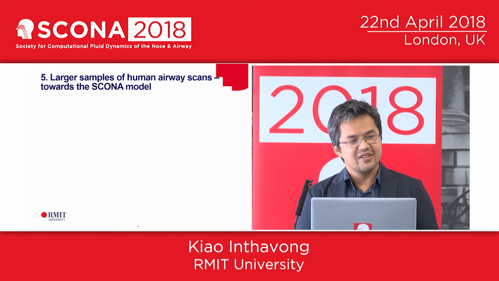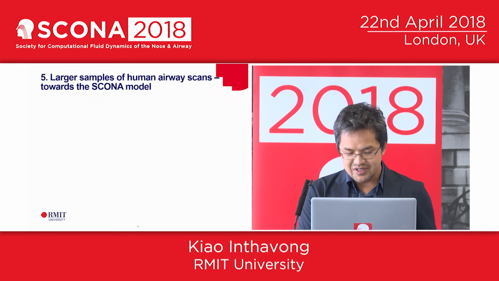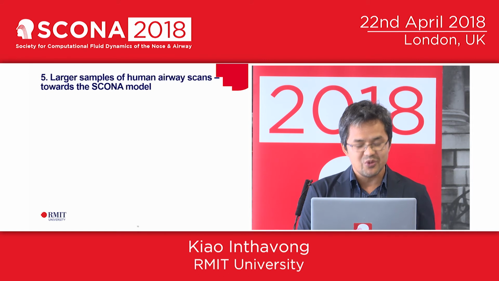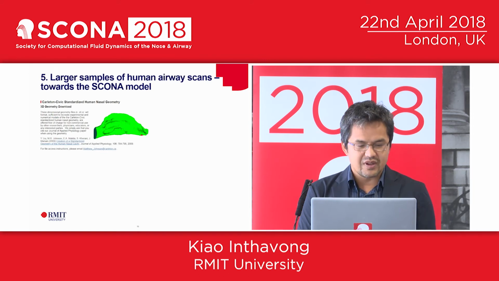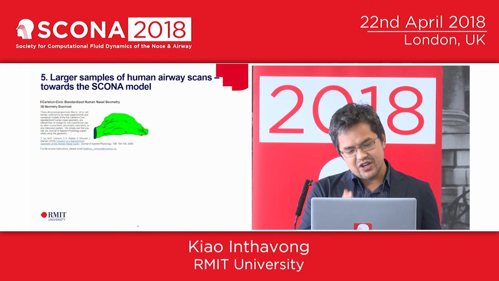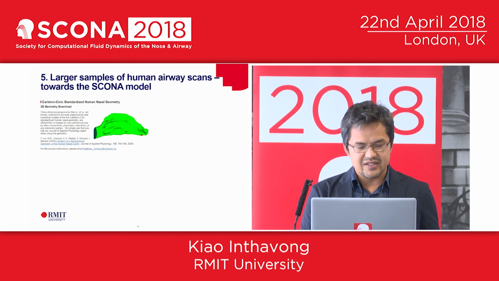How can we combine these geometries and share them and work towards a single model? So Carleton University has one, and this is a snapshot from their website. But you see the model is truncated at the pharynx, and this is a standardized geometry, a combination of over 30 different geometries collected.